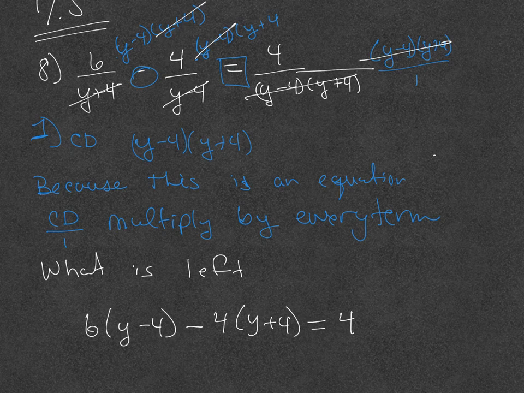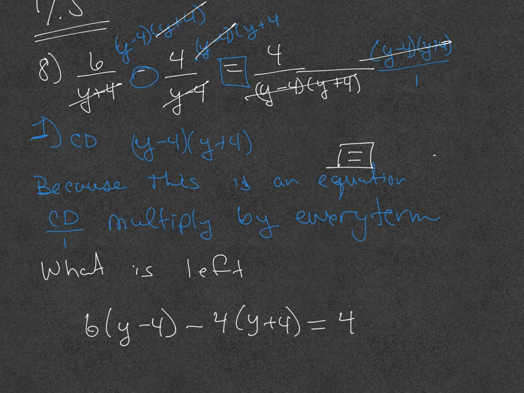And again, we can only do this, multiplying by the common denominator over 1, when it is an equation, when you have that equal sign. That's the only time you can do that.